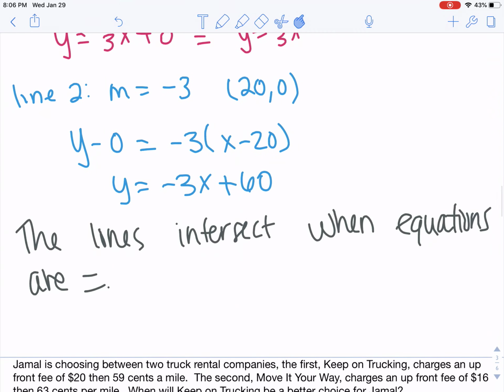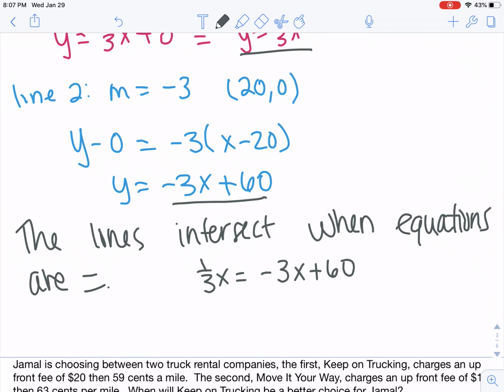So I'm going to set those equations equal to each other. I don't need the y equals part because they both equal y. So 1/3 x equals -3x plus 60. I'm just going to set the two equations equal to each other, and then I'm going to solve.